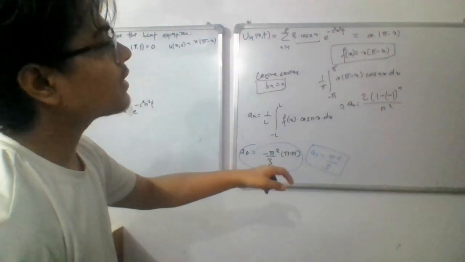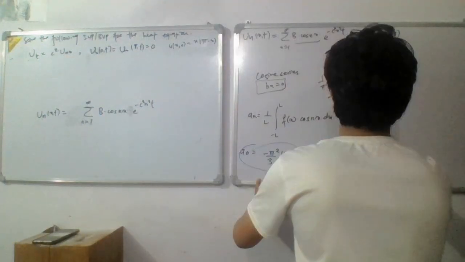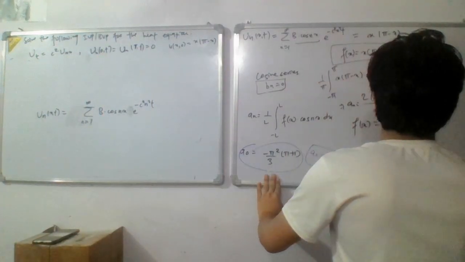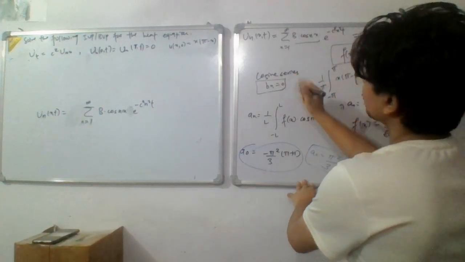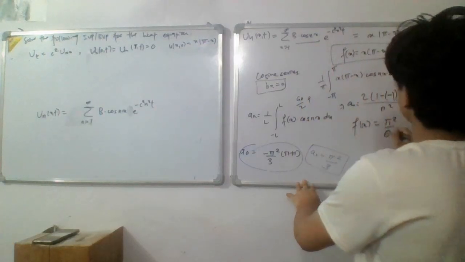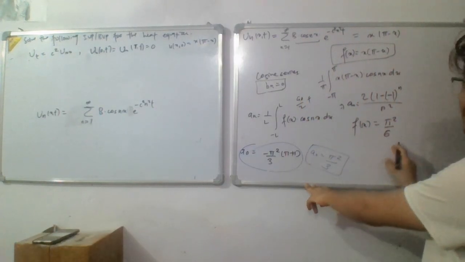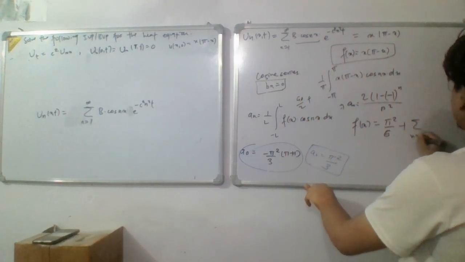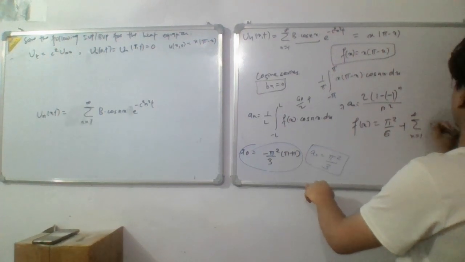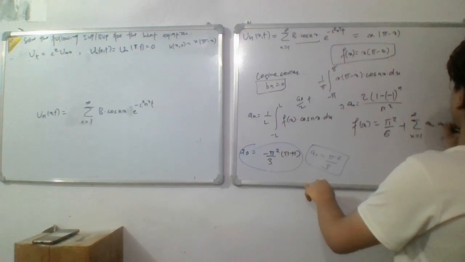Now from a n we can say f of x equals pi squared by 6, because a naught by 2, so 3 times 2 is 6, plus summation n equals 1 to infinity of this thing right here, a n cos of nx.